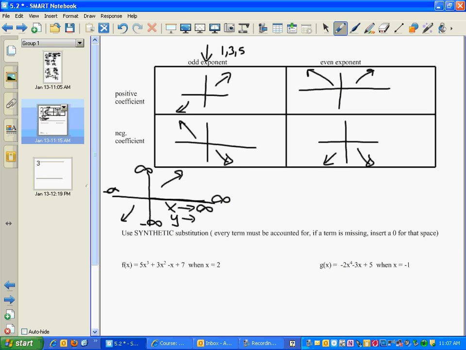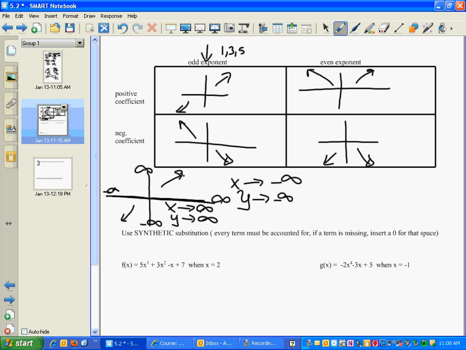Does it go up to positive infinity to get to the tail, or does it go down to negative infinity to get to the tail? So I go to positive infinity, correct? And as x goes to negative infinity, what is my y going to do now? Y is going to go to negative infinity because I have to drop down to get to my tail.